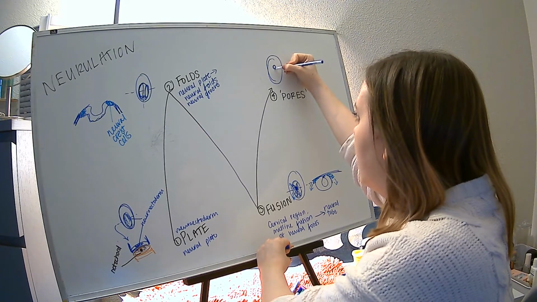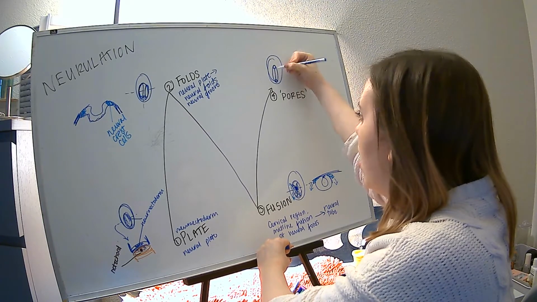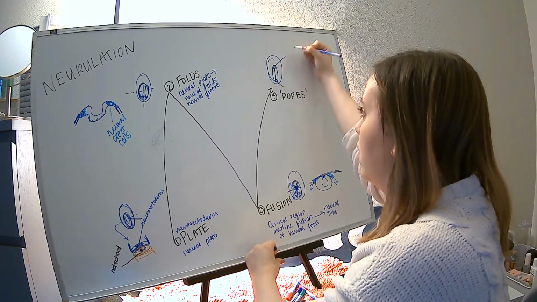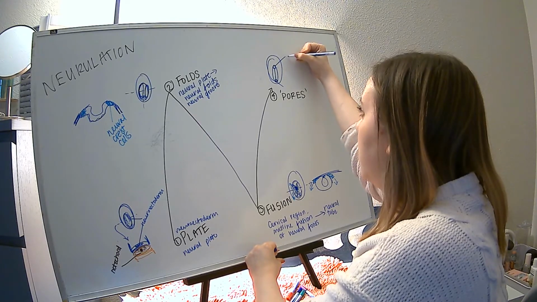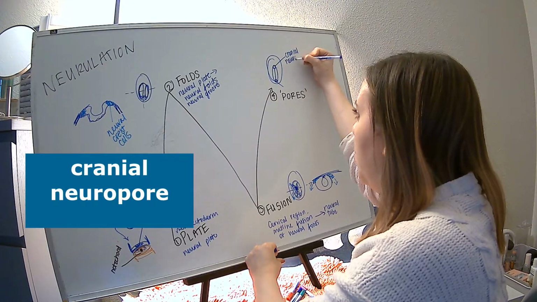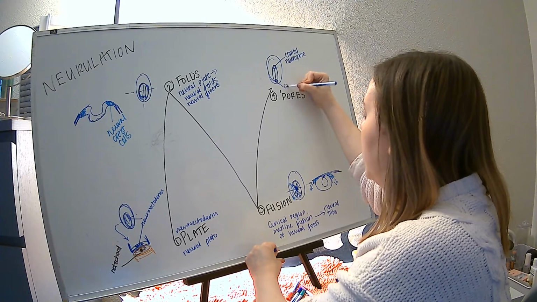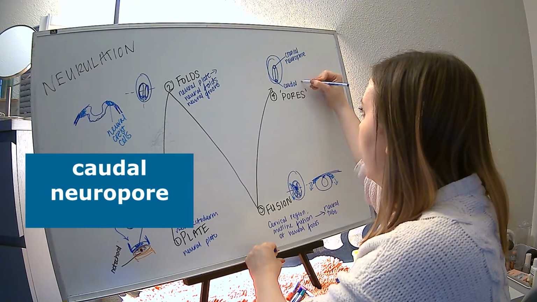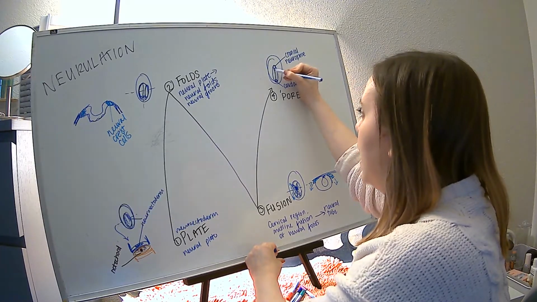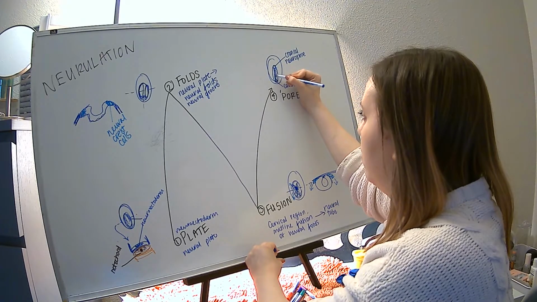We'll see that nearly all of our neural tube has closed up except for two ends on either region. So that's going to be our cranial neuropore, that little opening on the cranial end region. And then we're going to have one on our caudal region, our caudal neuropore. Those will be the two last little openings continuing from this process of fusion there.